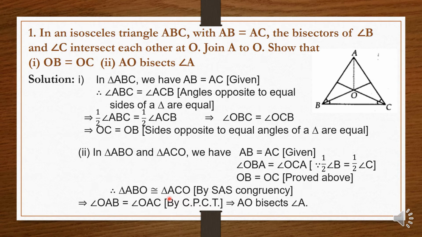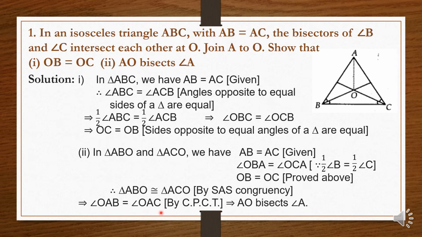Please make sure you write the names properly. Since AB equals AC, for the first two letters we'll write down AB equals AC. And the third vertex is obviously O, therefore we'll write down O. So we'll get this condition, OB equals OC.